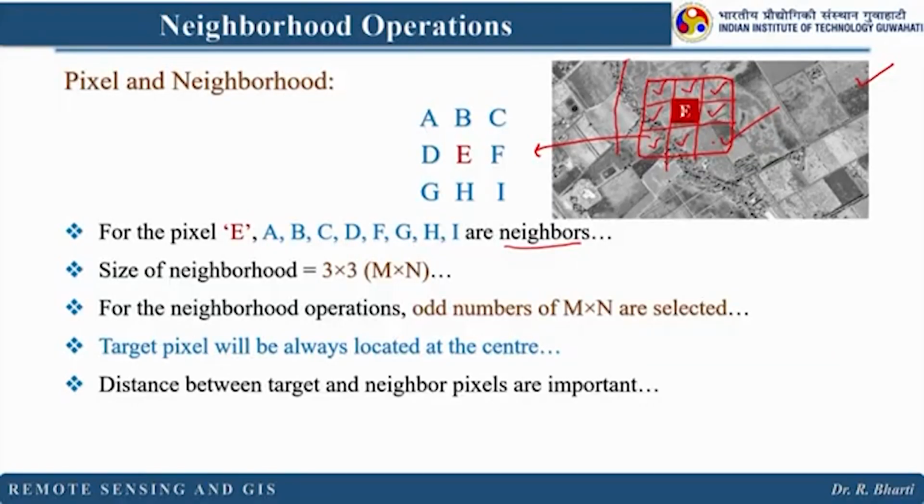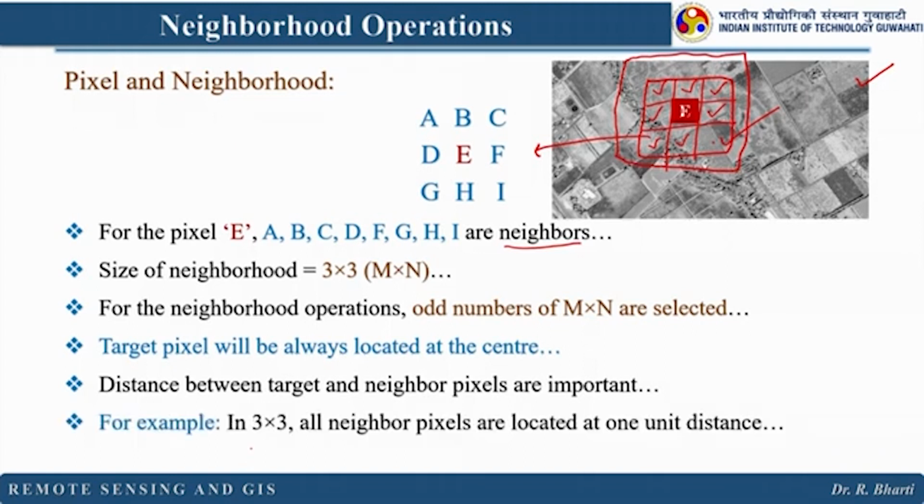It will grow like this for the same E pixel. So this is in case of 5 by 5, and if you grow further, it will become 7 by 7. That is how we apply the pixel and neighborhood concept in a filter. For example, in 3 by 3, all neighboring pixels are located at unit distance. This I have already explained to you.